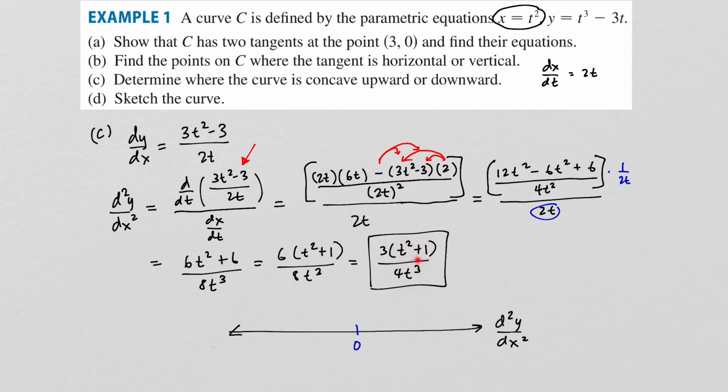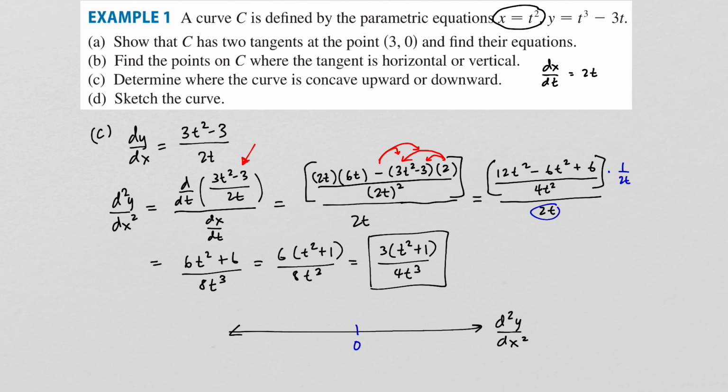But the numerator, the t squared plus 1, is never going to equal 0. Because if you set t squared plus 1 equal to 0, you get t squared equals -1, and that means t is going to be plus or minus the square root of -1, which is plus or minus i, and imaginary numbers do not show up on the real number line. So we don't have to worry about this.